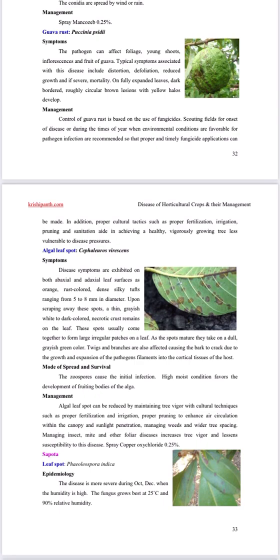In addition, proper cultural tactics such as proper fertilization, irrigation, pruning, and sanitation aid in achieving a healthy, vigorously growing tree less vulnerable to disease pressures. If the management is applied to the whole orchard, the whole plant disease situation can be improved.